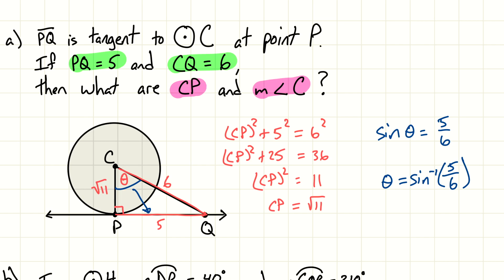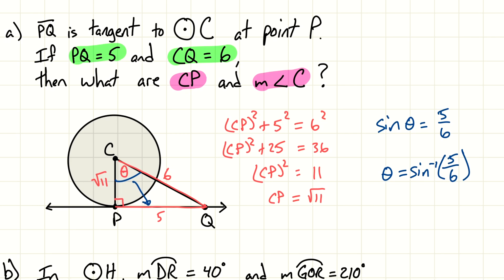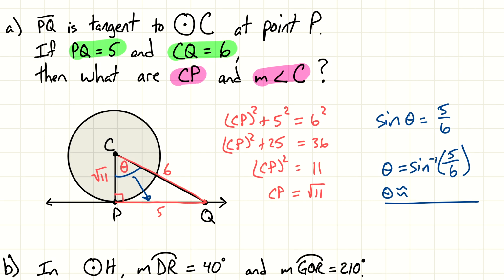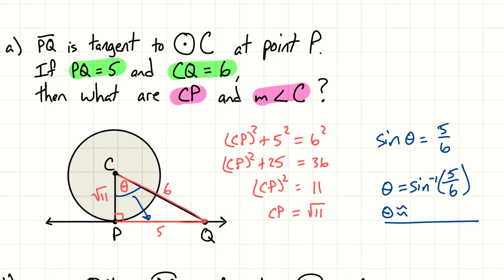I'm not going to go over reviewing inverse trig. I'm assuming at this point you're familiar with that. You might need to review your notes on that. So theta is approximately equal to, and so you would find that decimal. I don't have a calculator with me, so I'll let you calculate that one. And so that gives us our measurements.